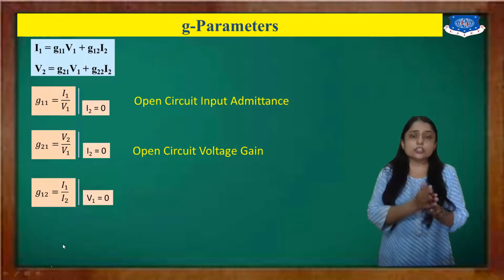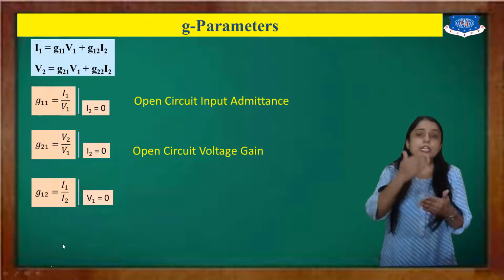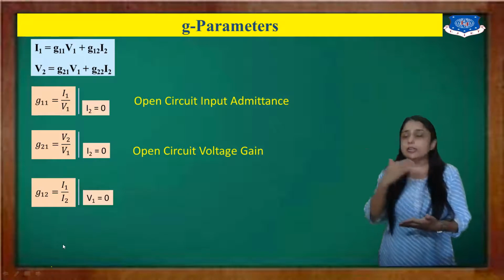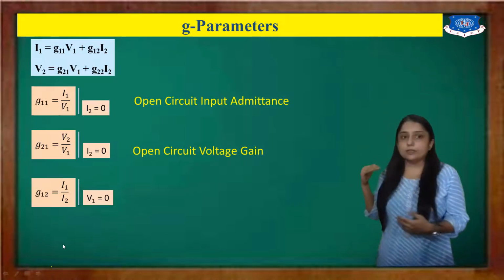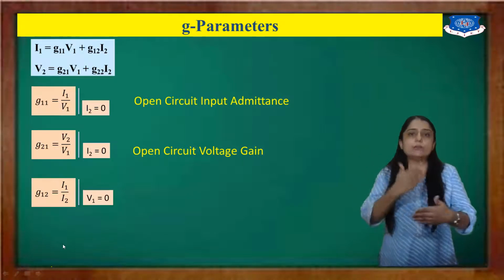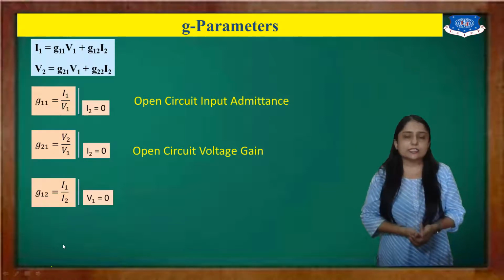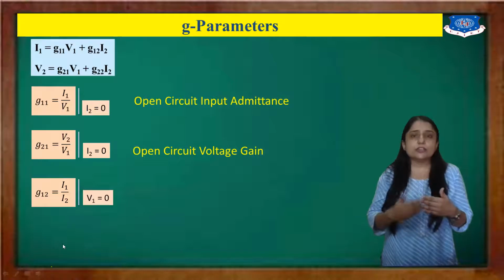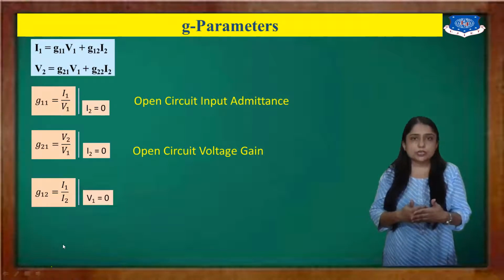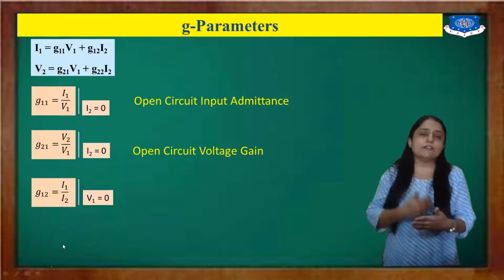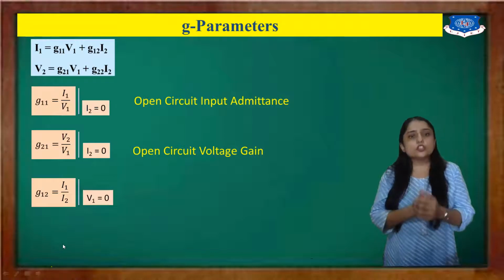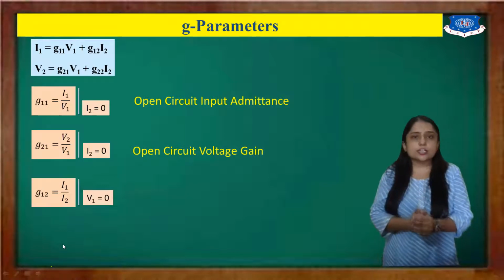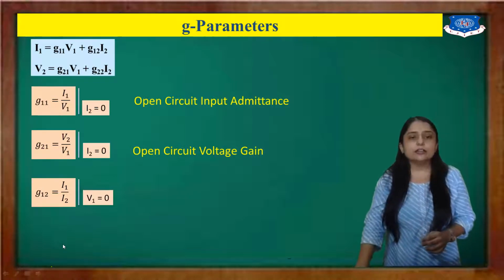Here I have input current divided by output current. If I had I2 by I1, I could easily say it is a current gain, but here it is reversed: instead of output current upon input current, I have input current divided by output current. So this is known as the short circuit reverse current gain.